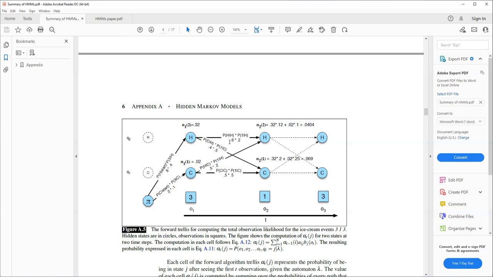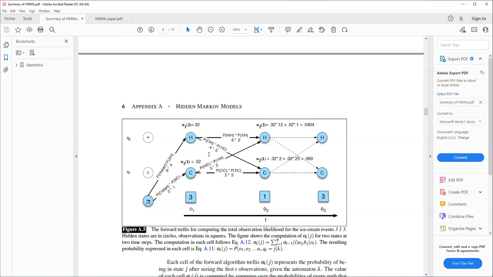And what you can notice here is that this is going to be 0.6 into 0.2, and this is going to be 0.5 into 0.2. In this case, you need to take some of these values. 0.6 into 0.2 is one value, right? And you also need to multiply it with the alpha 1 value. So 0.32 multiplied by 0.6 multiplied by 0.2 plus 0.02 multiplied by 0.5 multiplied by 0.2.